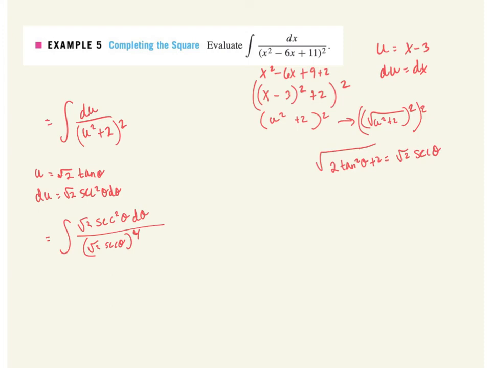All right, so now I can clean things up, simplify them. I have a root 2 over a root 2 to the 4th. So I kind of have a root 2 to the 3rd on the bottom, or a u to the 3/2 power, or however you want to simplify that, but ultimately it's 1 over 2 times root 2. Then I have secant squared theta d theta over secant to the 4th theta d theta, or 1 over secant squared, or cosine squared.